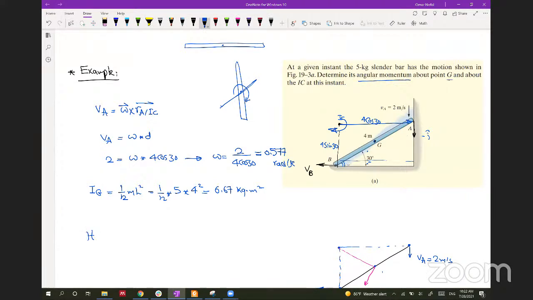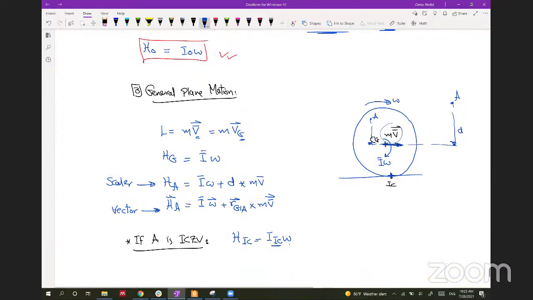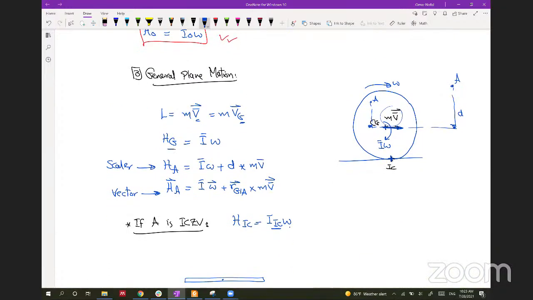Right now, I can move forward and get the angular momentum about point G, H_G. Let's think about this for a moment. All right, so for general plane motion, if you are taking the angular momentum about the CG, it will be I bar multiplied by omega. But if we are taking the moment about any other point, the MV term will appear.